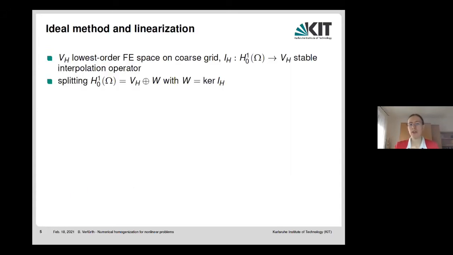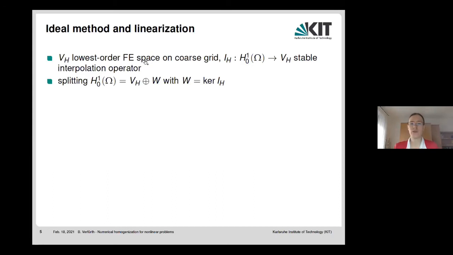Let me now come to the multiscale method in the spirit of the localized orthogonal decomposition that you've already got to know during this week. I use the following notation. VH is a lowest order finite element space.